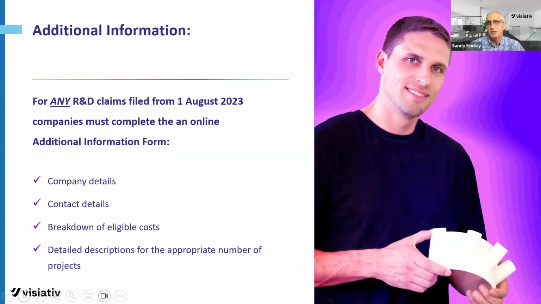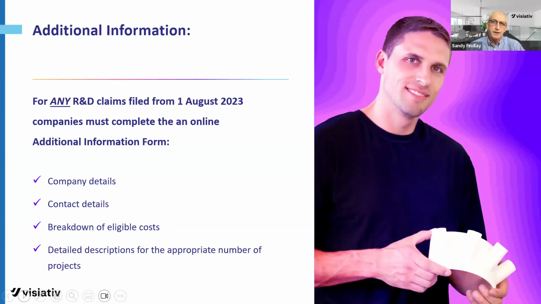That includes all the usual things: registration address, registration number, VAT number, PAYE number, tax reference number. It then looks for contact details, so a primary officer within the company who will be responsible for the R&D tax relief claim.